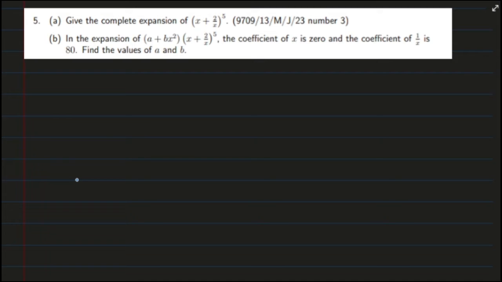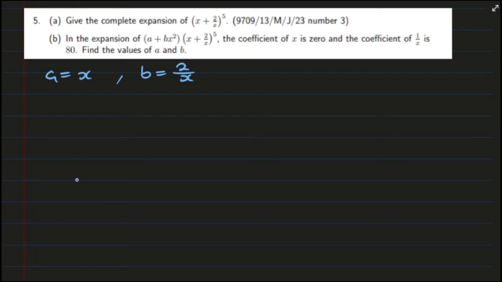Number 5. Give the complete expansion of (x plus 2 over x) to the power 5. Okay, so in this case, our a is x and our b is 2 over x and n is 5.